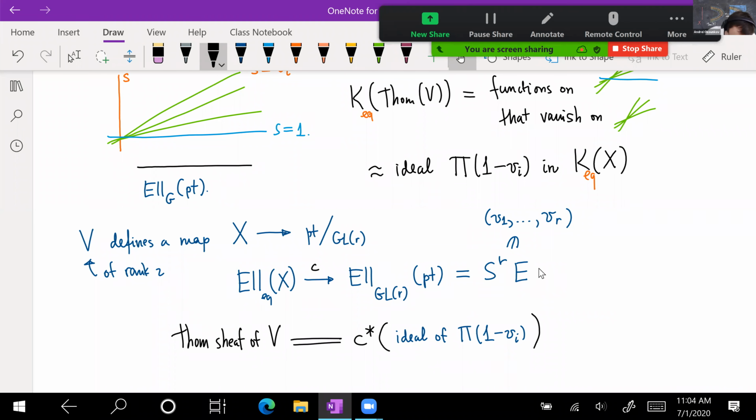So inside here, there is an embedding. Well, there's a map from the smaller set. There's a divisor, namely these are the guys of the form where you have one of them, up to permutation, one of them is 0.